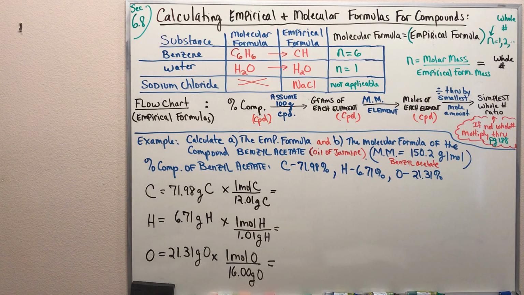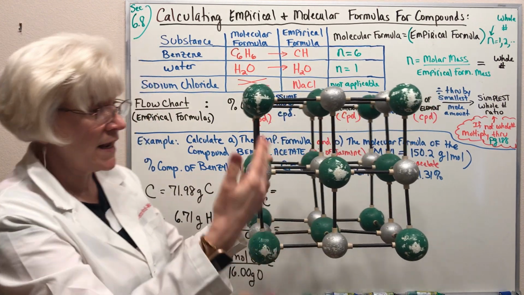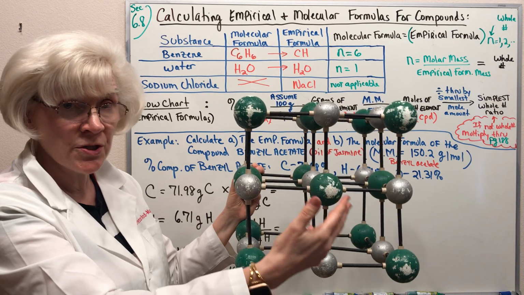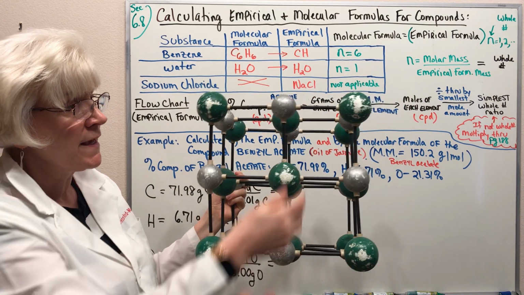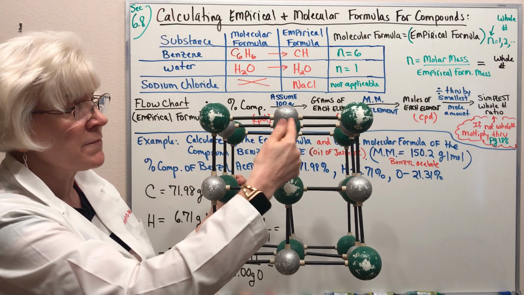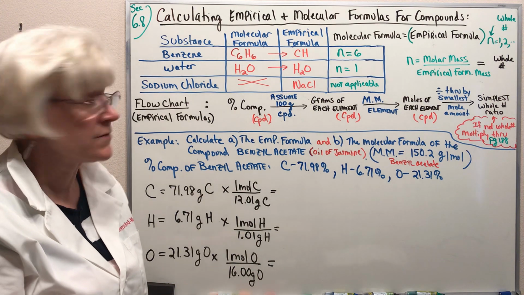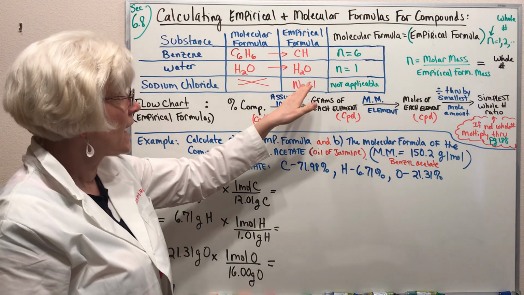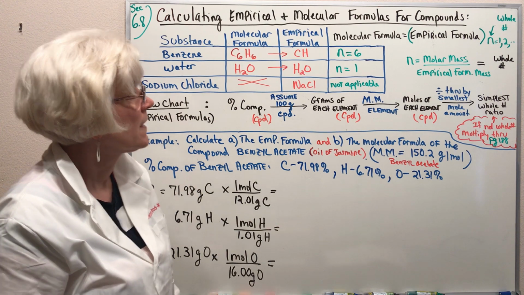And in a previous illustration, when we were talking about ionic bonding, I showed you the crystal structure of sodium chloride as a huge array, and the ratio of sodium ions to chloride ions is 1-to-1 in the compound. So all ionic compound formulas are empirical formulas.